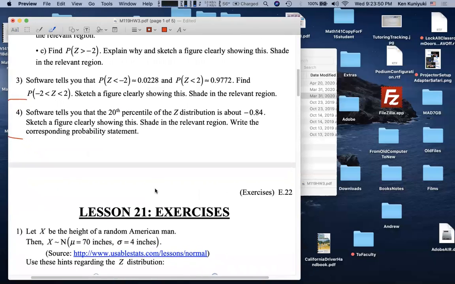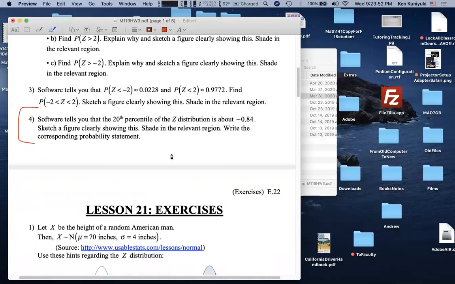All right, so here's a standard normal. All right, 0 is about here. Okay, and where's negative 0.84? Is that to the left or to the right? Negative 0.84. It's going to be to the left. In fact, it's going to be pretty close to the inflection point. The inflection point here is going to be corresponding to negative 1. So it's pretty close to the inflection point.